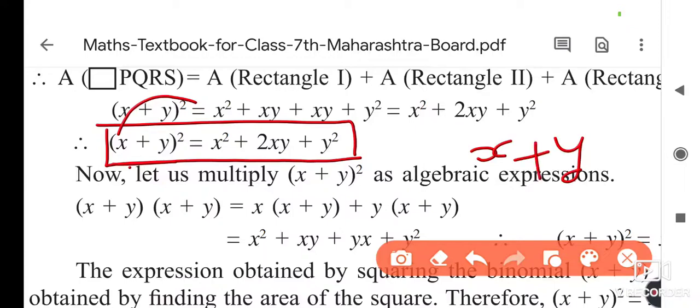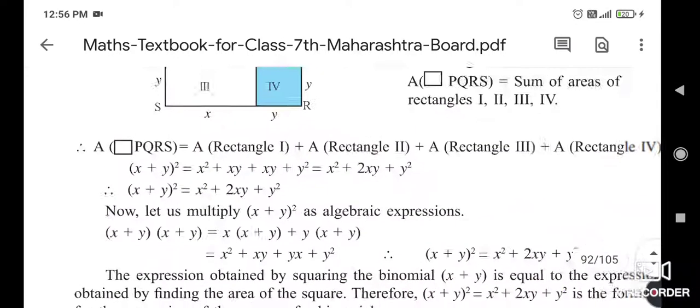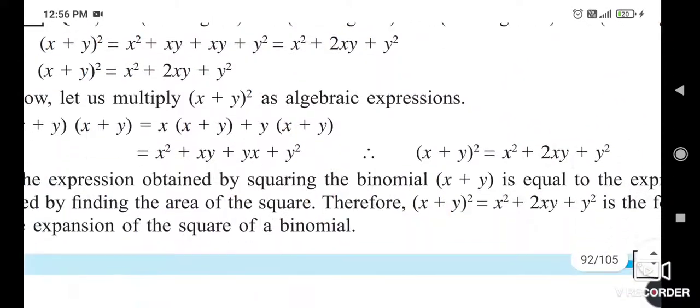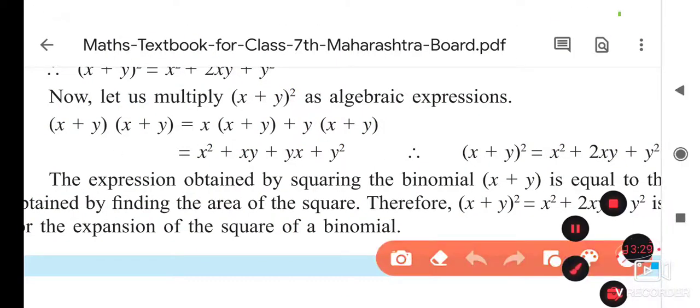Its bracket square is equal to first term square, means x square, plus 2 into the multiplication of both terms, 2xy, plus second term square, that is y square. That is the formula for the expansion of (x plus y) bracket square. We can solve this in one more method.